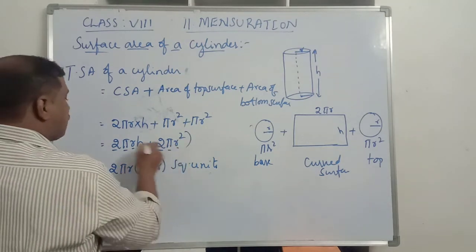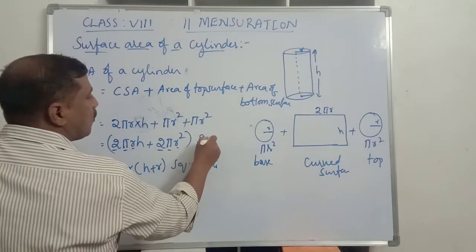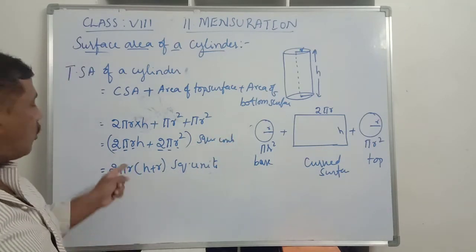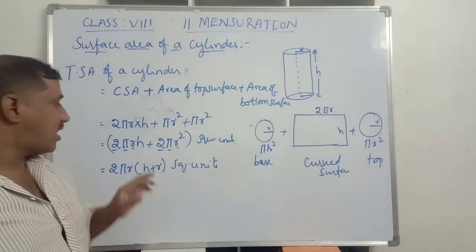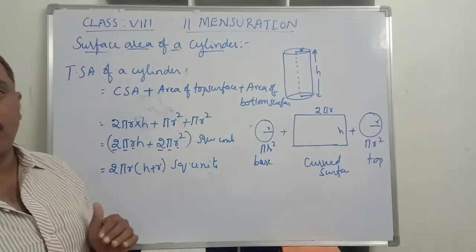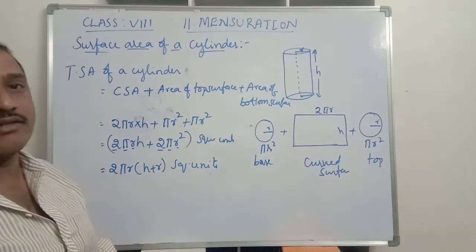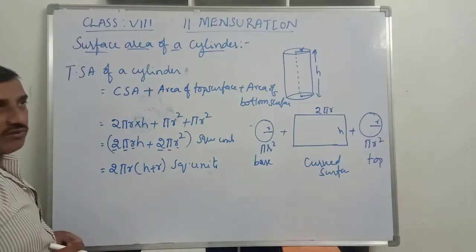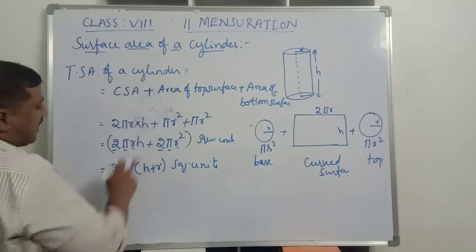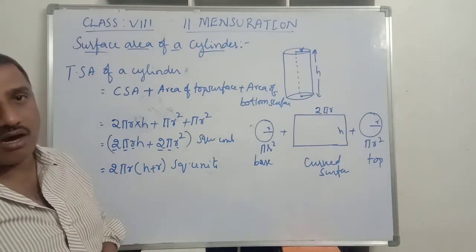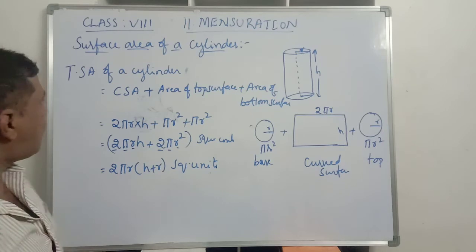You can use this formula also, that is 2 pi r h plus 2 pi r square, where pi is a Greek letter, a constant. It is 22 by 7 or 3.14. So the total surface area of a cylinder is 2 pi r into h plus r.